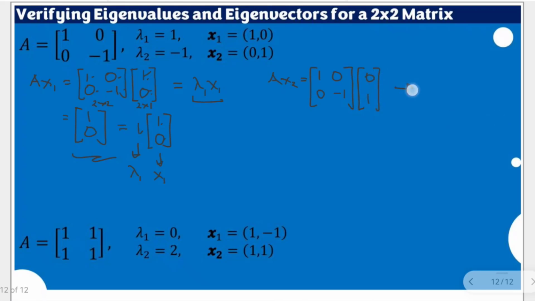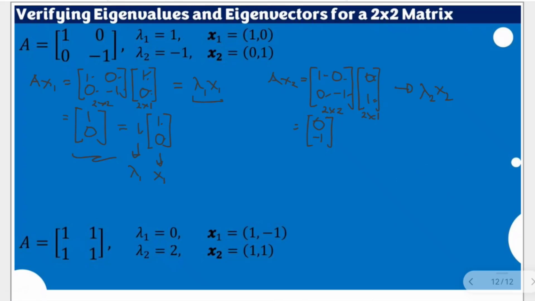And we can express the result of this by the product of your lambda sub 2, your eigenvalue, and its corresponding eigenvector. Of course, we multiply this, 1 times 0 is 0, 0 times 1 is also 0, and again, this is a 2 by 2 matrix, this is a 2 by 1, so the result would be 2 by 1, so that's 0. 0 times 0 is 0, negative 1 times 1 is negative 1.